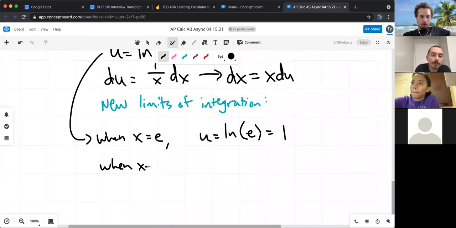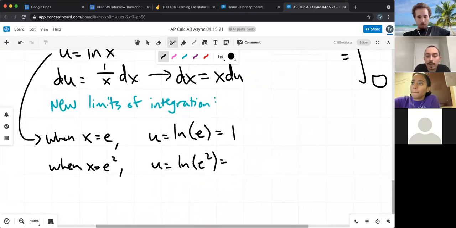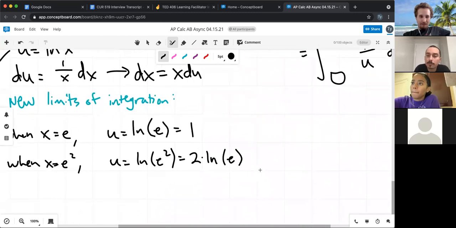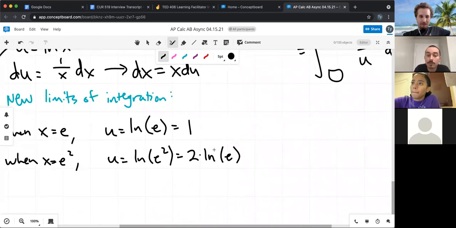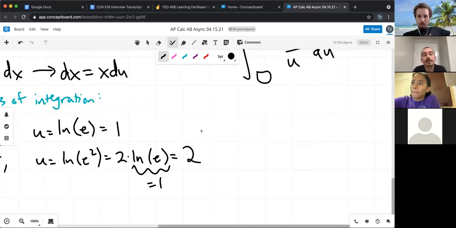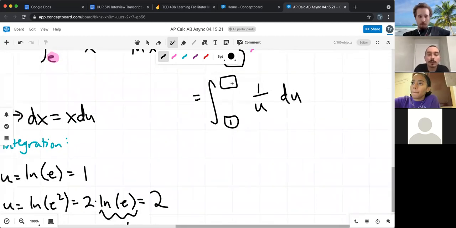So when x is e squared, u is the natural log of e squared. And if you remember your exponent rules, we have a log with a power in it, so we can pull the power out front. So we have 2 times natural log of e, which we already found natural log of e is just 1, times 2 is 2. Okay, so we have our new limits of integration. It is from 1 to 2.